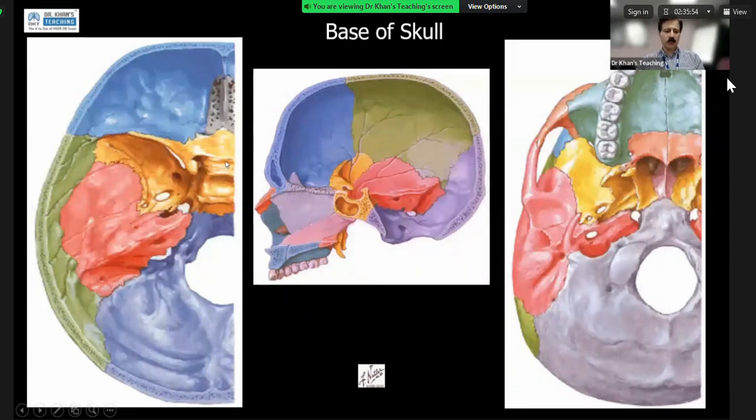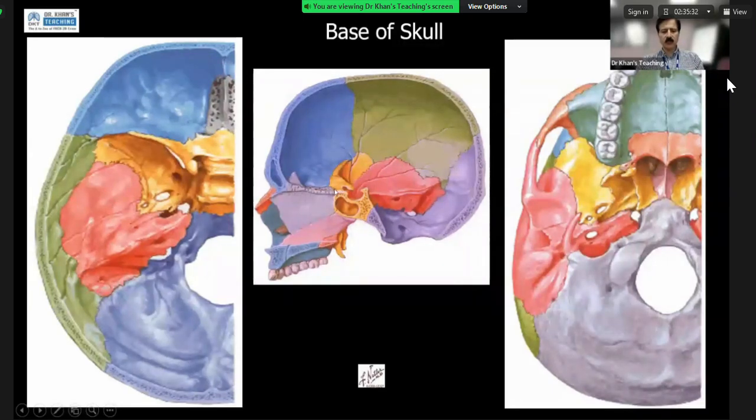Another terminology which should be in your mind is that if this is the lesser wing of the sphenoid, and the other side, which is not shown on this diagram, will be on the other side, the bone in the middle is known as the planum sphenoidale. So in the midline, this is the planum sphenoidale.